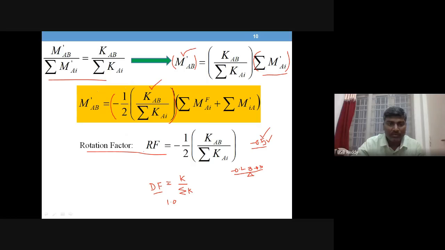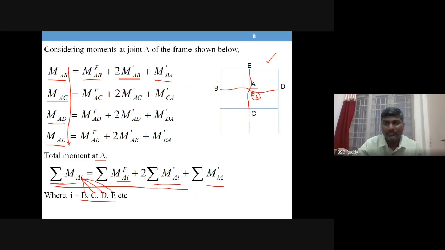If you want the rotation contribution of a particular end A in member AB, you have to multiply the rotation factor with the sum of all fixed end moments at that end A and also the sum of all far end contributions.